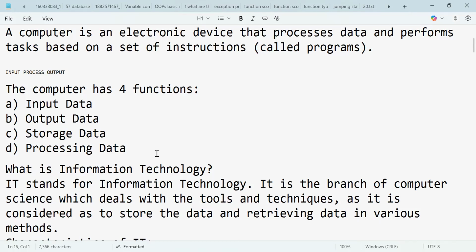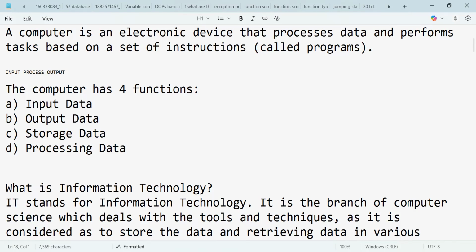Who is the father of the computer? Charles Babbage is the father of the computer, and he is known as the inventor of the analytical engine. This analytical engine used an ALU, which means arithmetic logic unit.